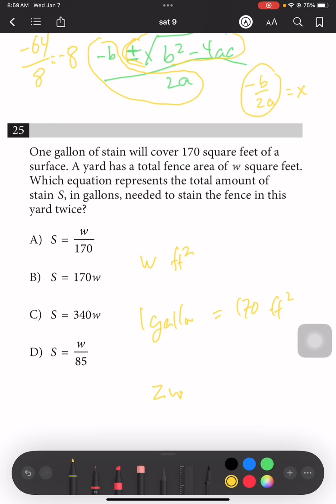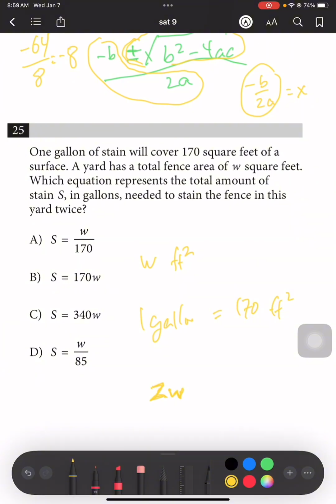So the total amount of stain in gallons to stain the fence. Okay. So now we need to stain 2 W's. Let's look at units. Units will tell you what to do.